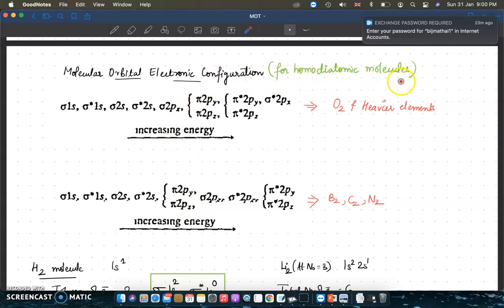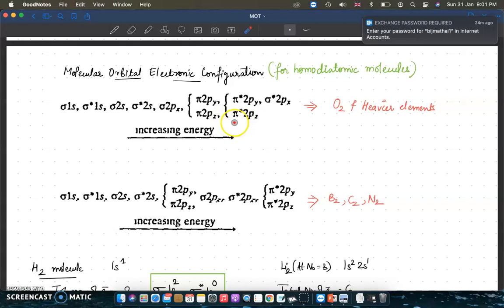For heterodiatomic molecules, the order of energy would be completely different, and for polynuclear molecules it is very complex, which is why it is not included in your syllabus. Even in the core syllabus, we don't look fully into the molecular orbitals of polyatomic molecules.